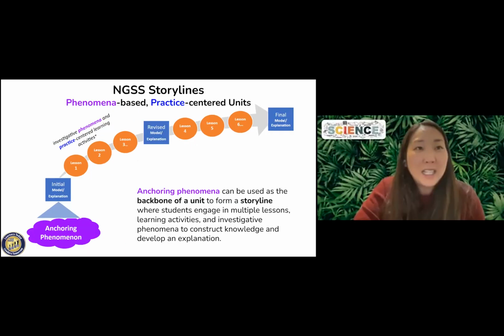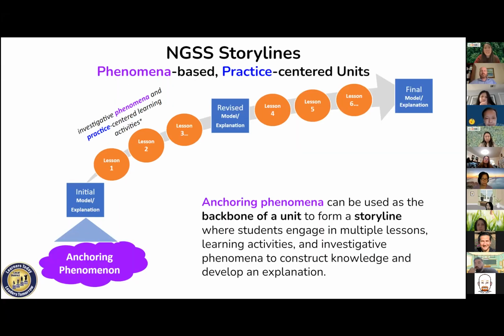So connecting it to real world, real life, something that they can really understand and engage in. And as they go through that storyline, they're learning through the lessons. They have opportunities to revise their models and explanations from before and build on, and in the end really come to that final causal explanation, that gapless explanation.